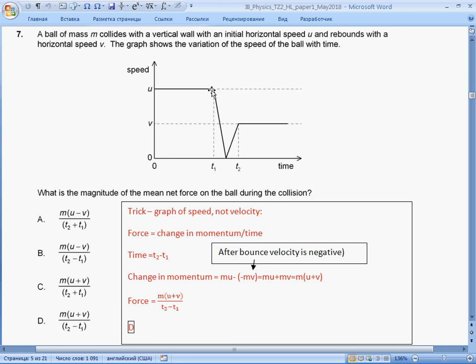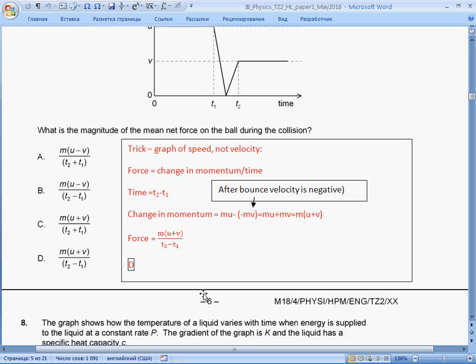Initially we have momentum mu, and the final velocity is minus v because it moves in the opposite direction, so the final momentum is minus mv. The change in momentum will be mu minus minus mv, which is mu plus mv, and the answer is D.